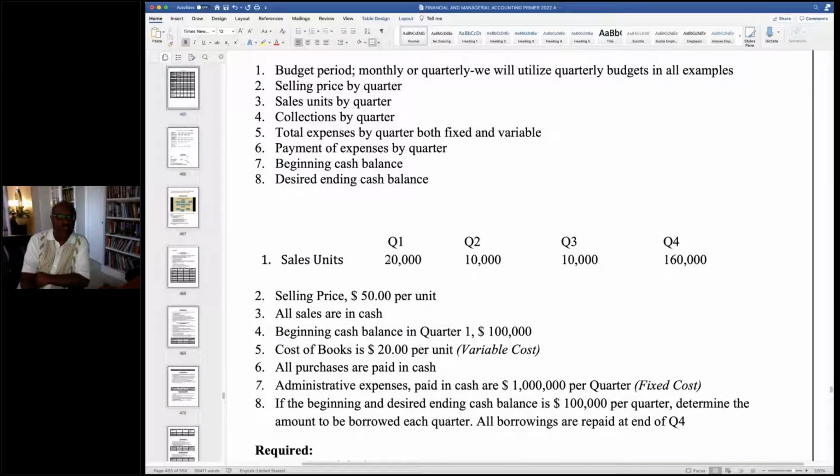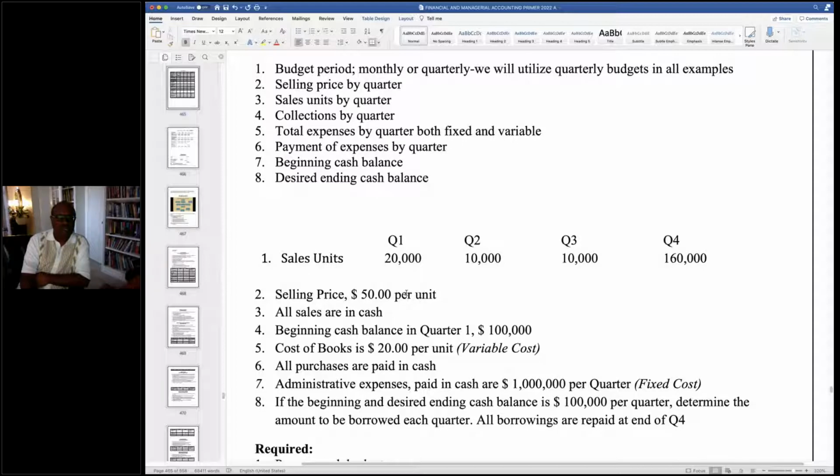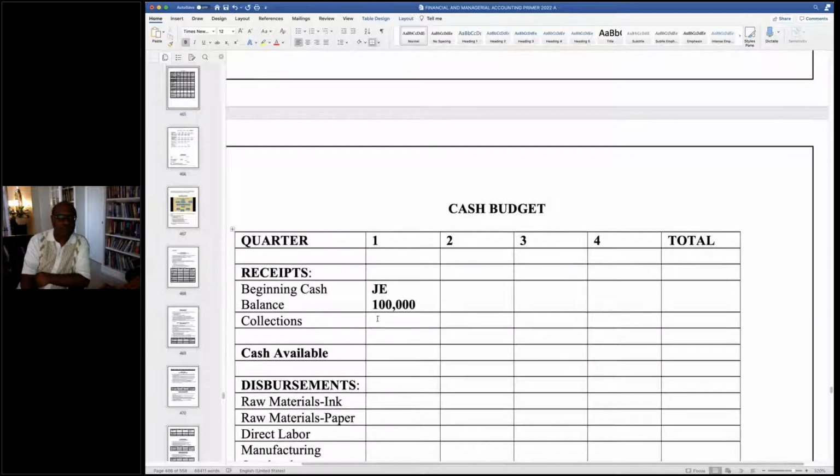We sell 20,000 units in the first quarter. So how much cash are we going to have? We sell 20,000, we get $50 each. Is that going to be roughly $1 million? So let's assume that's roughly $1 million. So we got cash available of $1,100,000.